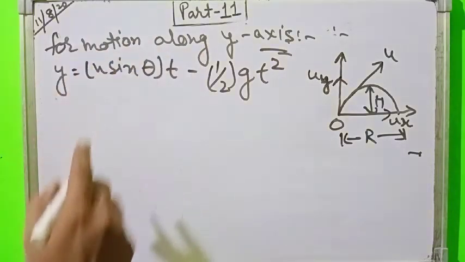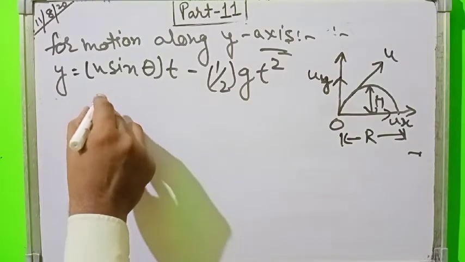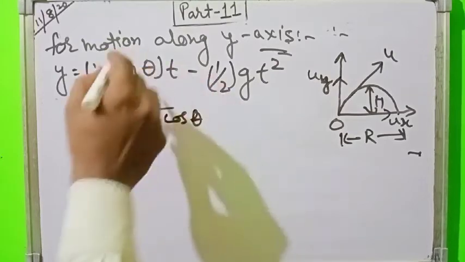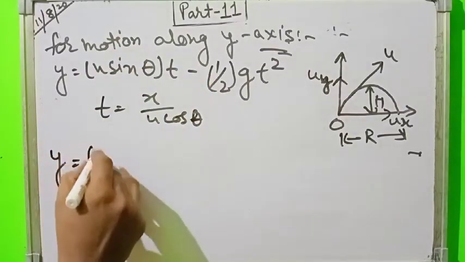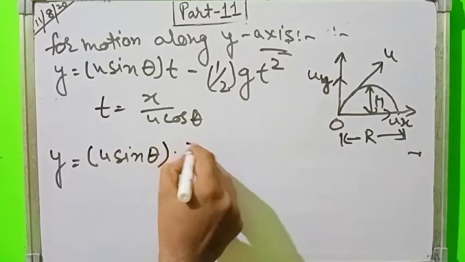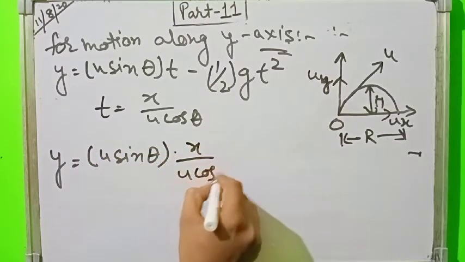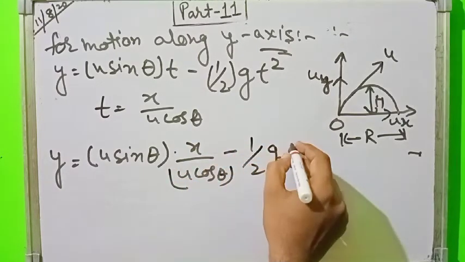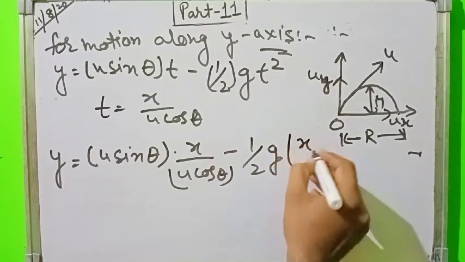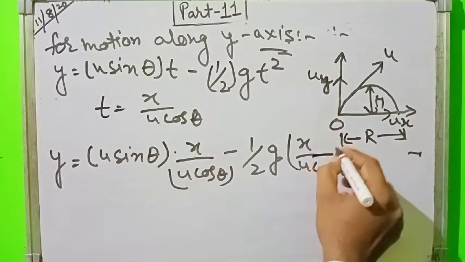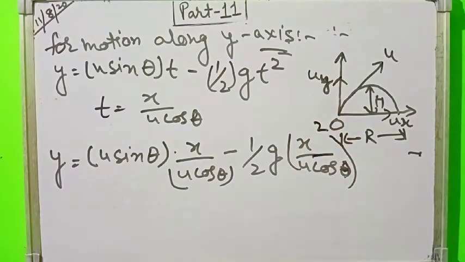Now putting the value of t here, we had calculated t is equal to x upon u cos theta. On putting the value here, you get u sine theta into x upon u cos theta minus half g into x upon u cos theta whole square, and it will become what?